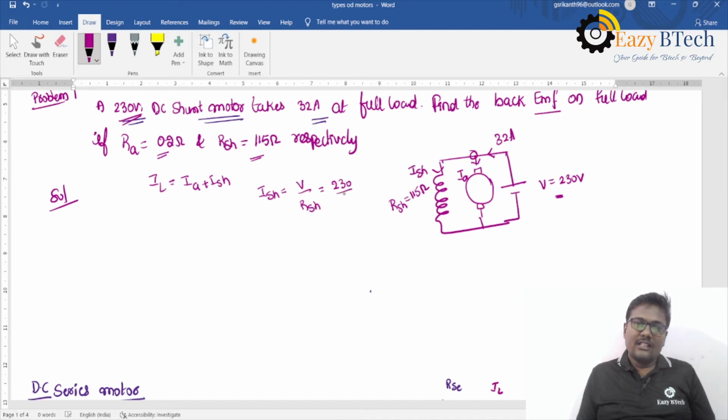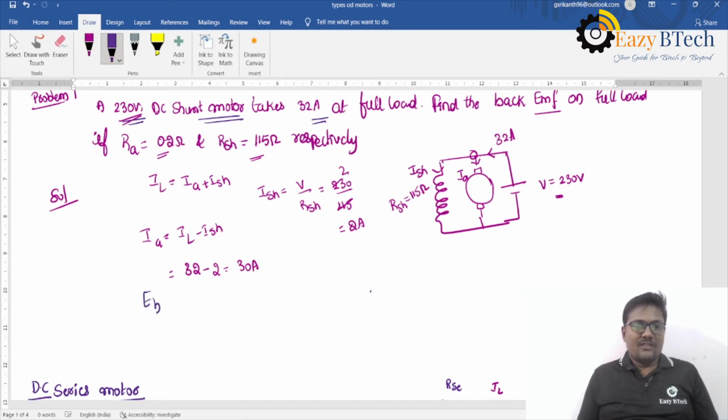V is 230 and RSH is 115, so the shunt field current is 2 amperes. Then IA is equal to IL minus ISH. The IL value is 32 amperes, minus 2, which is equal to 30 amperes.